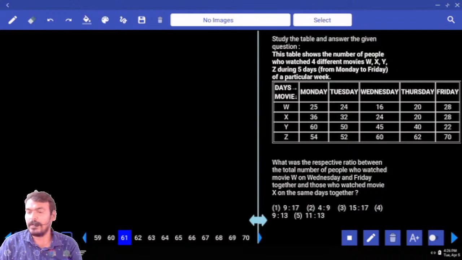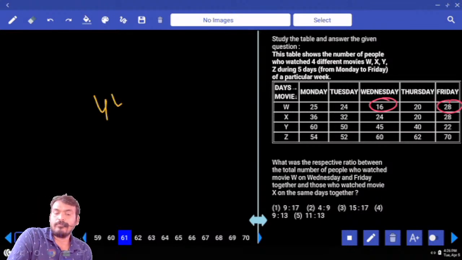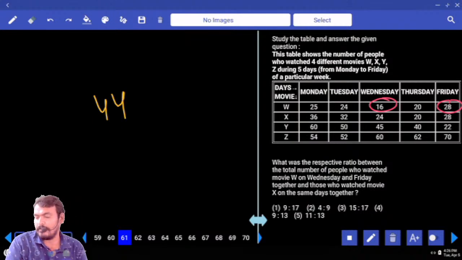Same days. W on Wednesday, how much? 16. W on Friday, 28. 16 plus 28, 44. 44 means it is a multiple of 11, right? How many options are multiples of 11? Only one. Which option? Fifth option.